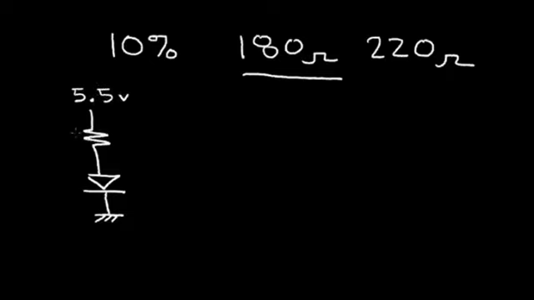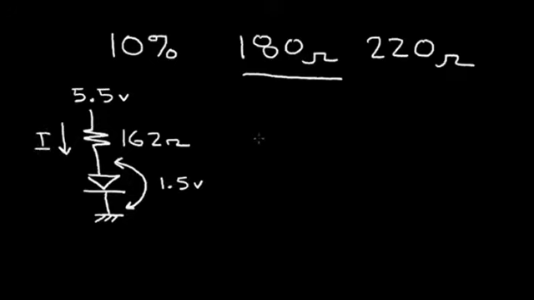That'll give me the most current in this resistor. Now, if my resistor is at a low value, instead of 180 ohms, if it's 10% down, say at 162 ohms, and if I have the minimum possible drop across my LED, which is a little less than 1.8 volts, I'm going to be a little safe and say that could be 1.5 volts. So under these conditions, that's the worst case for the maximum current.